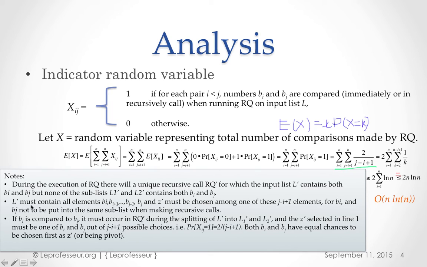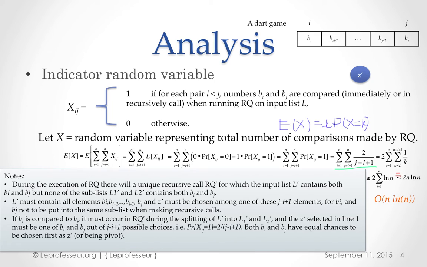Now if this line is confusing to you, that the pivot element is being chosen in Bi to Bj, there is another way of thinking about it. You might have seen a dart game. So think about the same thing, a dart game. You have been given a dart board Bi plus 1 going all the way up to Bj, and you are throwing an arrow such that it can take any of the values between Bi to Bj.